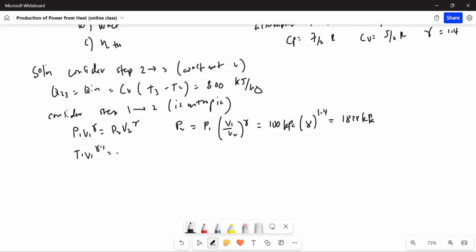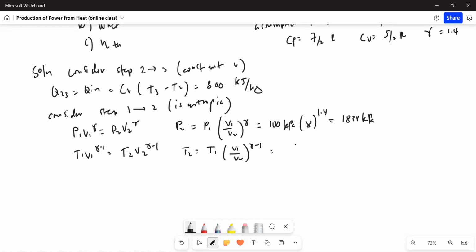Remember, these are equations that we learned during ChE 142, equal to T2 V2 raised to gamma minus 1. Solving for T2 by rearranging the equation, it's simply T1 times V1 over V2 raised to gamma minus 1. Okay?